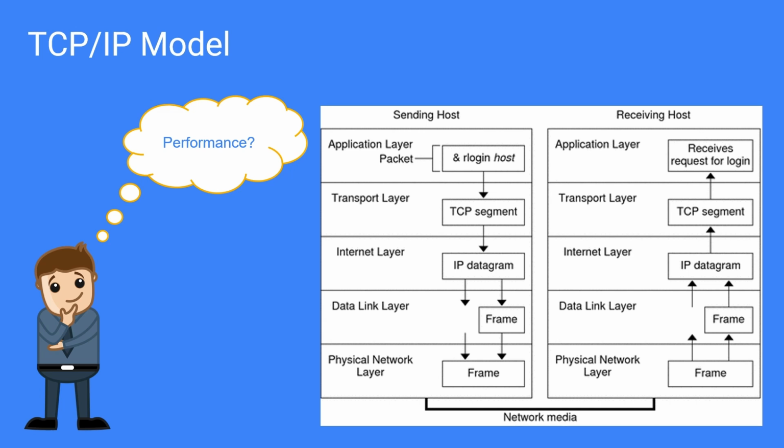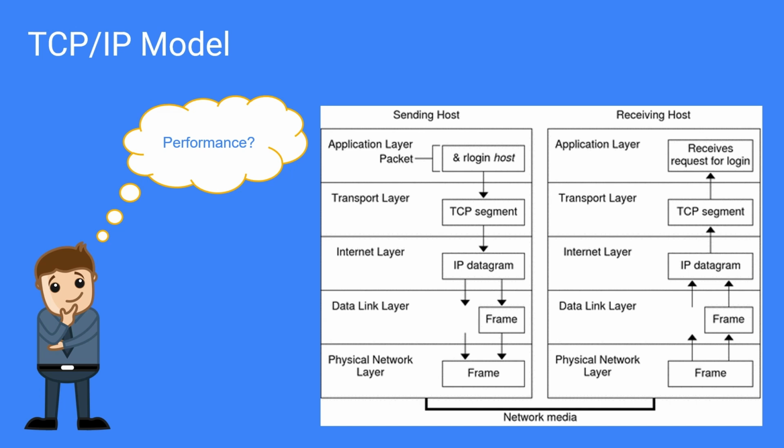So every layer has its own purpose here. So moving forward from the data link layer up in the hierarchy, the internet layer is going to return the IP, from which source IP this request is coming from, then the transport layer, TCP segment, and finally the application layer, where the server will be able to know what exactly the request is, and the server will know this is a login request.